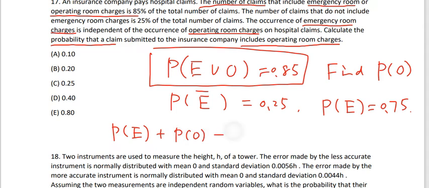But P of E and O is just PE times PO, because they're independent. So this equals 85. We know PE, so we can find PO. We let PO equal X, so we get an equation about this X. We can solve this equation easily.